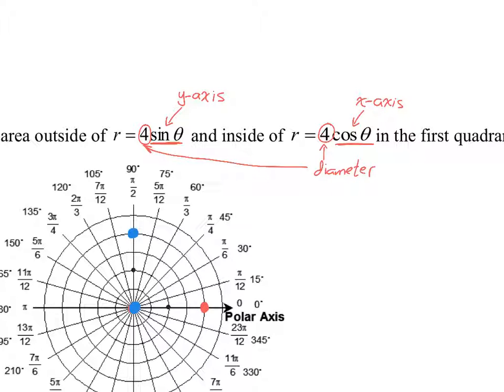So 4 sine theta would be equal to 4 cosine theta. That's for the intersect.